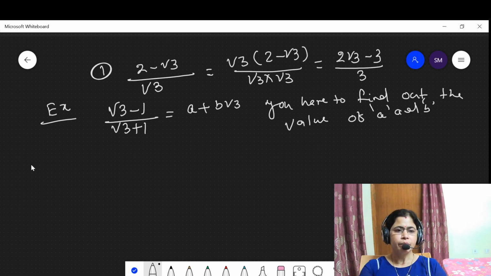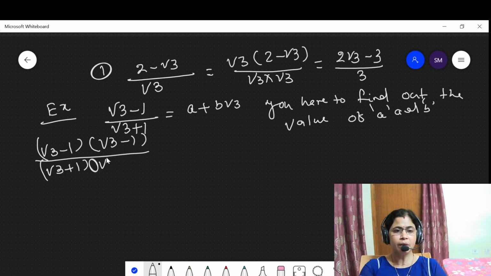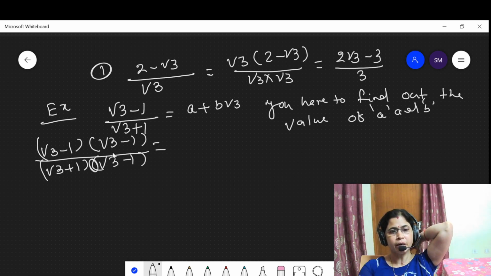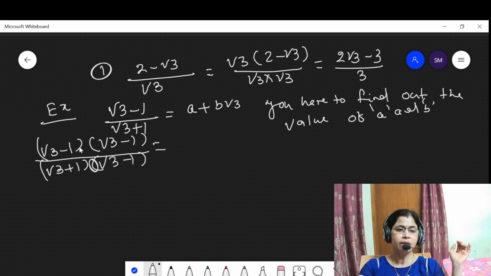Then take the LHS. This is root 3 minus 1 upon root 3 plus 1. Multiply simply root 3 minus 1 in both numerator and denominator. Then the numerator is in the form a minus b whole square.